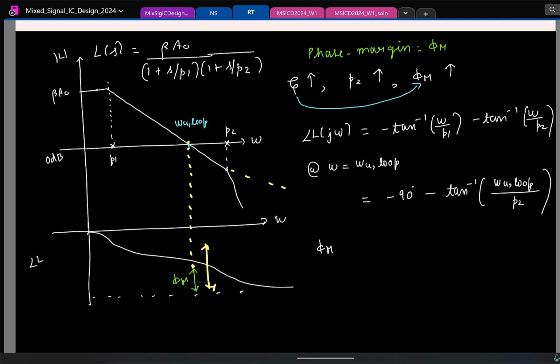Now to find the phase margin, I will take this phase and subtract it from minus 180. If I do that, what do I get? It's 90 minus this, which is what I should do.